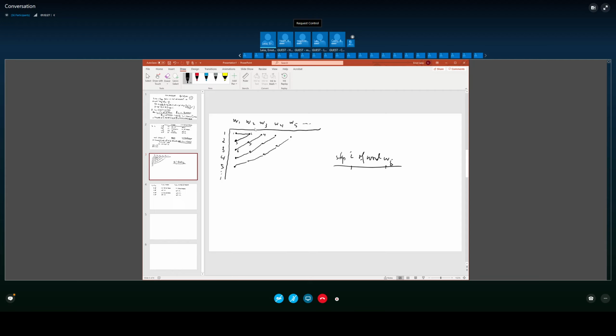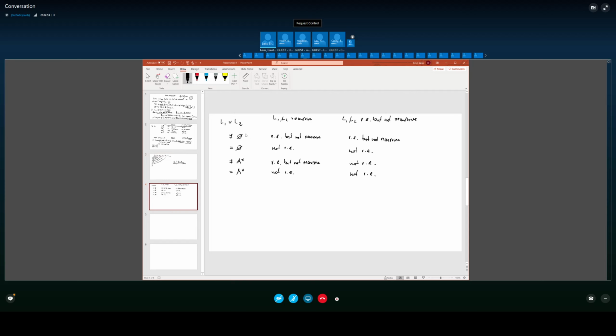But if you have a word that is accepted, then it will terminate within a finite number of steps. I don't know how many, and I can't give you even an estimate, but I know there is a finite number of steps within which that word will be accepted, and then it will halt and will say that word is accepted. So for some word you will be able to say that, and so that is of course the reason why we can decide that this is not empty.